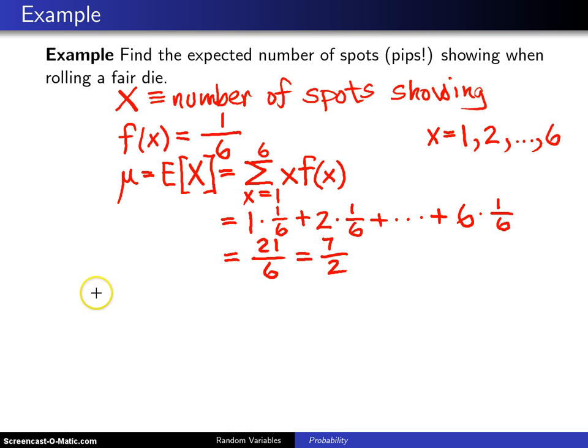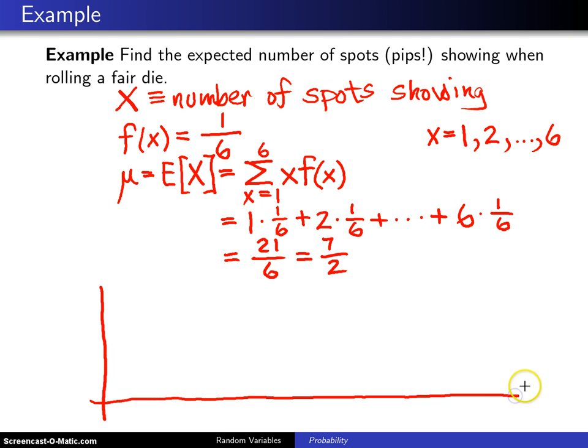which is 7/2. I left a little bit of room here at the bottom because I think there is some value in seeing the physical interpretation of the expected value. So here are my outcomes, 1 through 6. And on the vertical axis, I'm going to draw the probability mass function f of x.